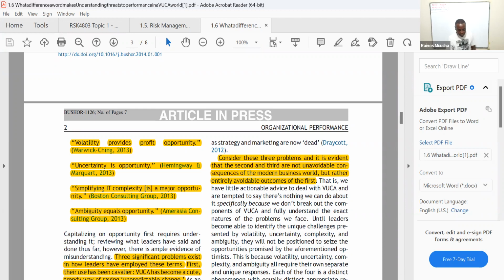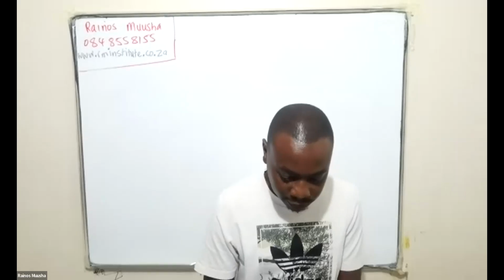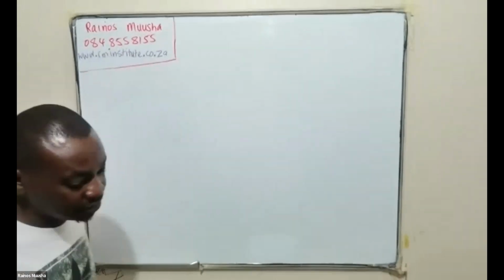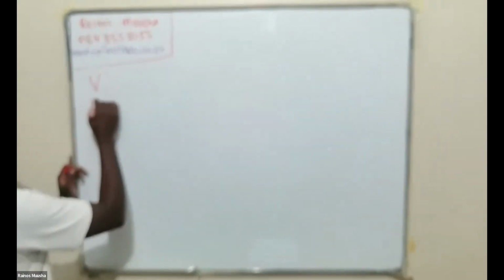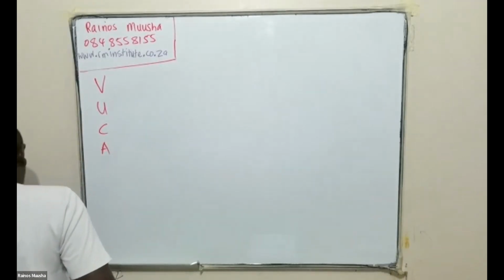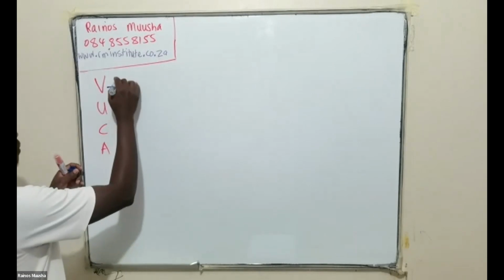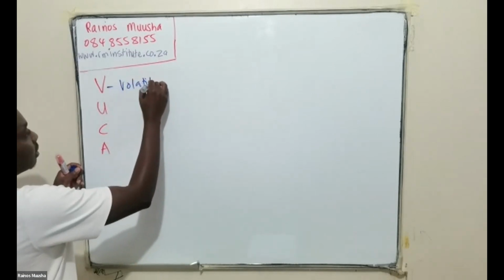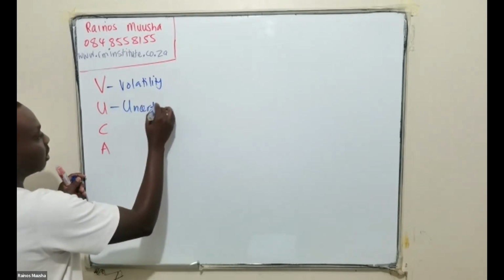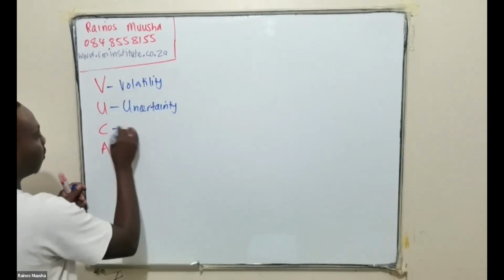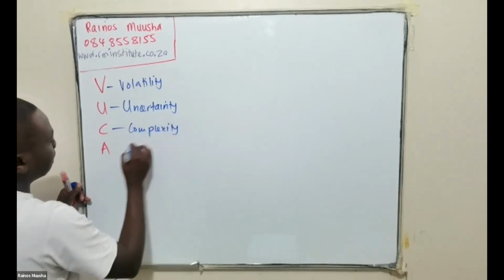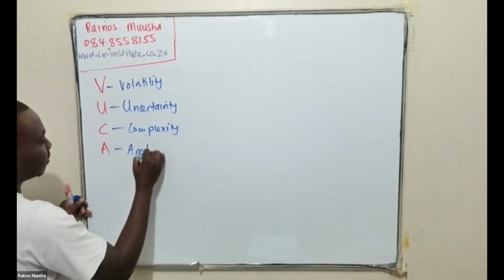So the acronym VUCA represents volatility, uncertainty, complexity, and ambiguity.